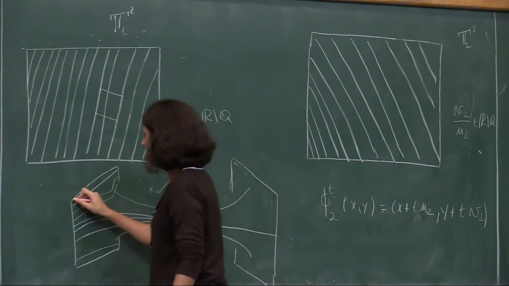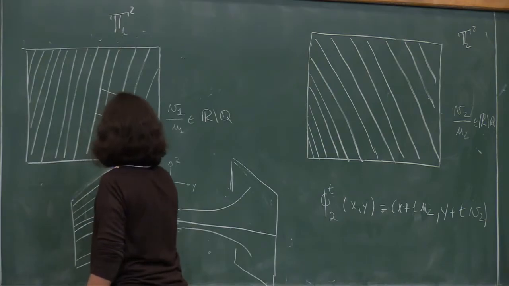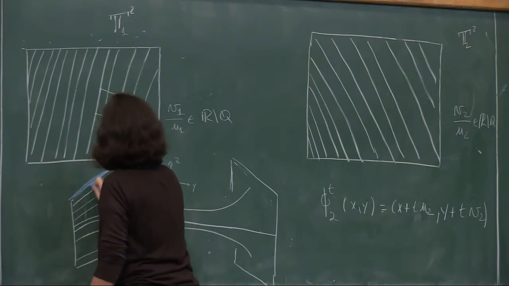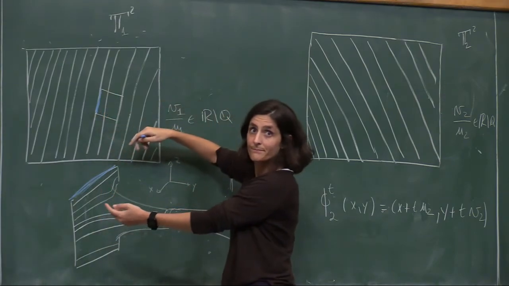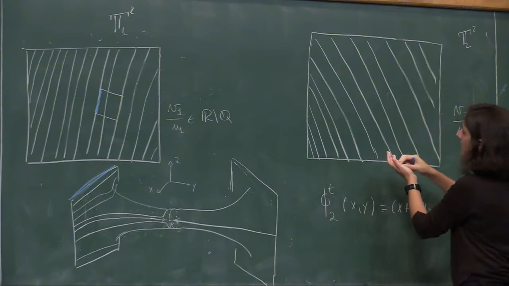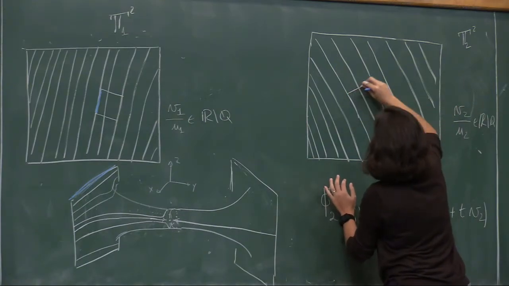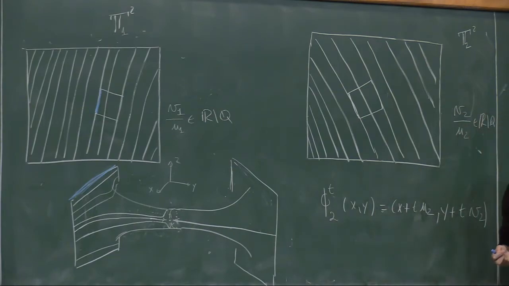So like identifying this side, I'll identify this side, for instance, with this one, and so on. Okay, I'll glue this here. And I'll do the same thing on some other square here. Okay?